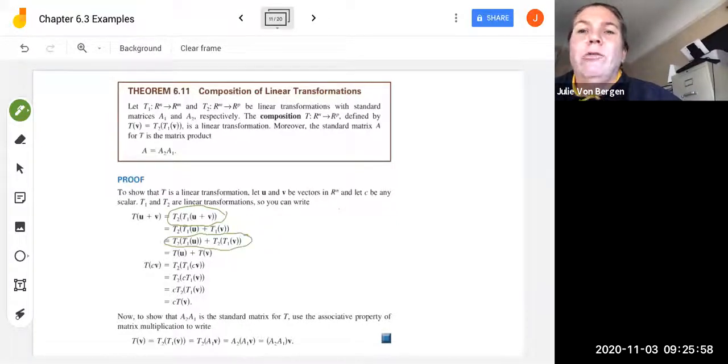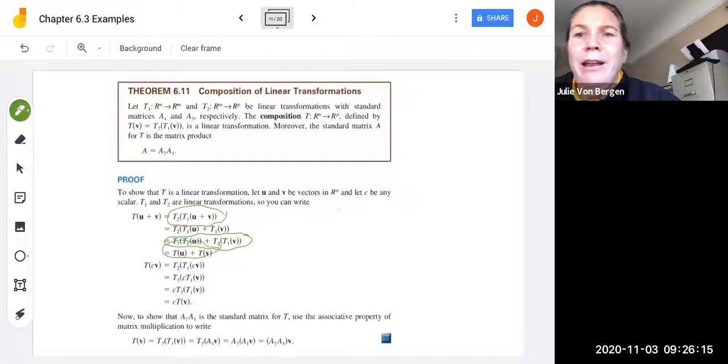So we've got T2 of T1 of U plus T2 of T1 of V, and that's just T of U plus T of V. And so we have shown that this is closed under addition, the linearity property here.